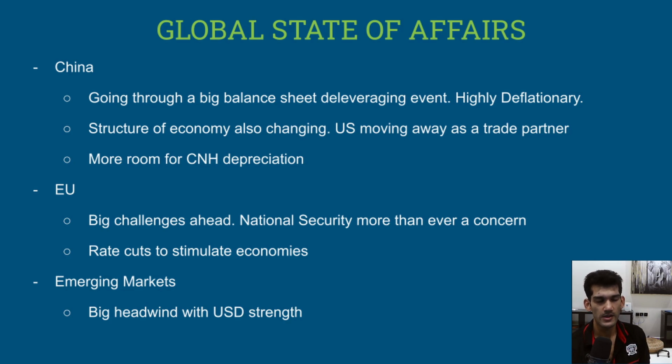I think there's more room for the Chinese yuan to depreciate from here. As we know, China has a lot of USD denominated debt, and the whole deleveraging event will likely put it in a position where the Chinese yuan will have to depreciate significantly more against the USD.